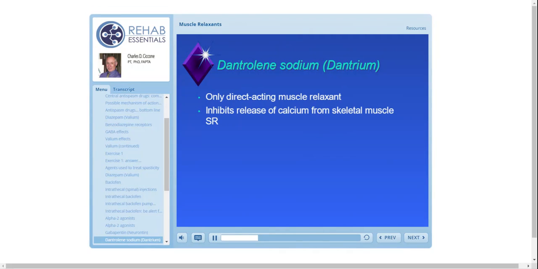This drug goes directly into skeletal muscle, where it inhibits the release of calcium from the skeletal muscle sarcoplasmic reticulum. And this is the site where calcium is stored and then released from its storage sites in the SR to activate actin and myosin interaction.